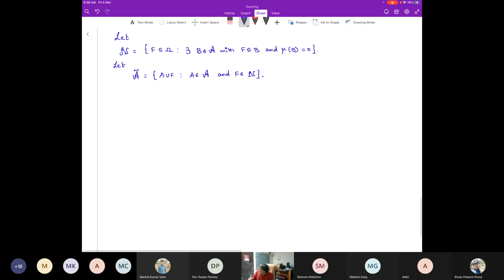So the first claim is that this collection A tilde is a sigma algebra.